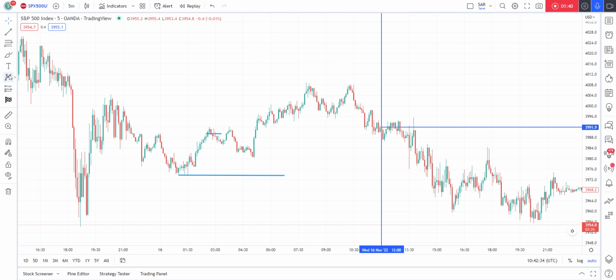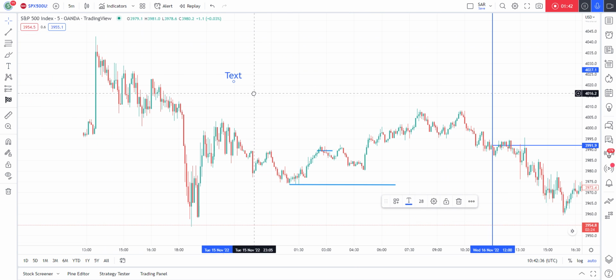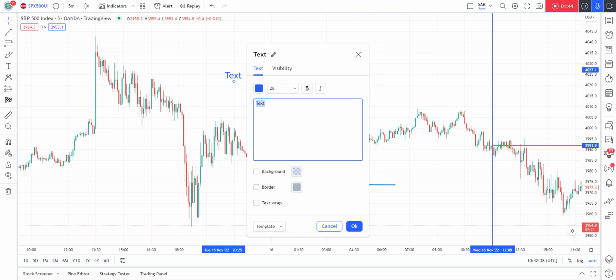As usual, we'll put a text, and in that text we'll present what we're actually looking at. So we do a horizontal trend line for the Asia session. I'll present the timings where we have to put the range.